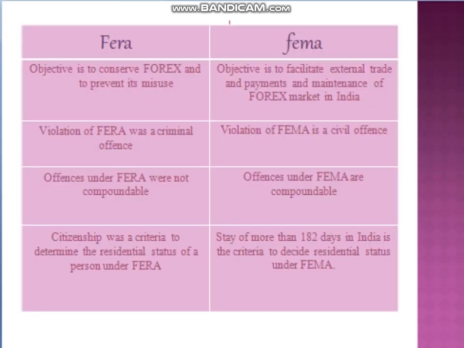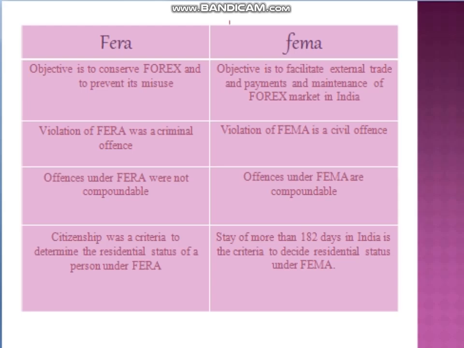And let us see some of the differences between FERA and FEMA. The main objective of FERA was to conserve foreign exchange and to prevent its misuse, because FERA was introduced by the British government in order to establish their colonies, or in order to have control over the foreign exchange.